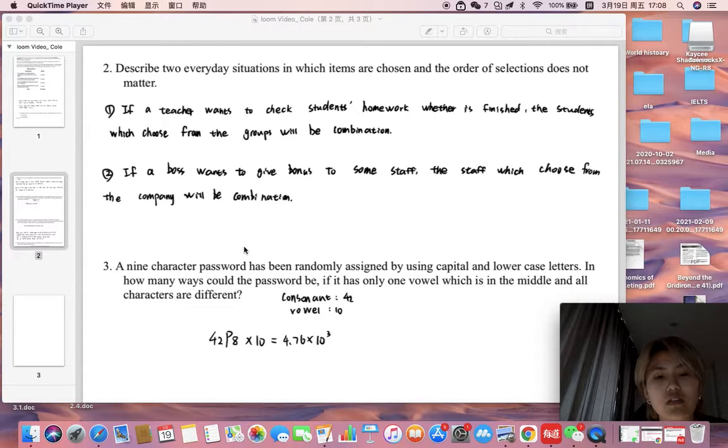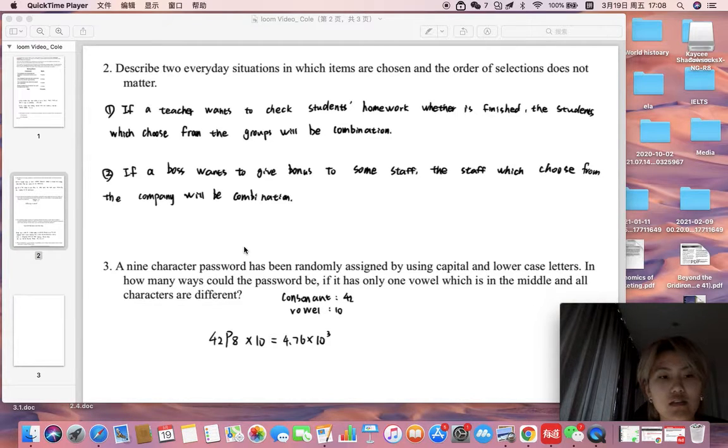Suppose a teacher wants to check the assignments among a group of students. In this case, you should use a combination since the selected students do not need to be in any order.